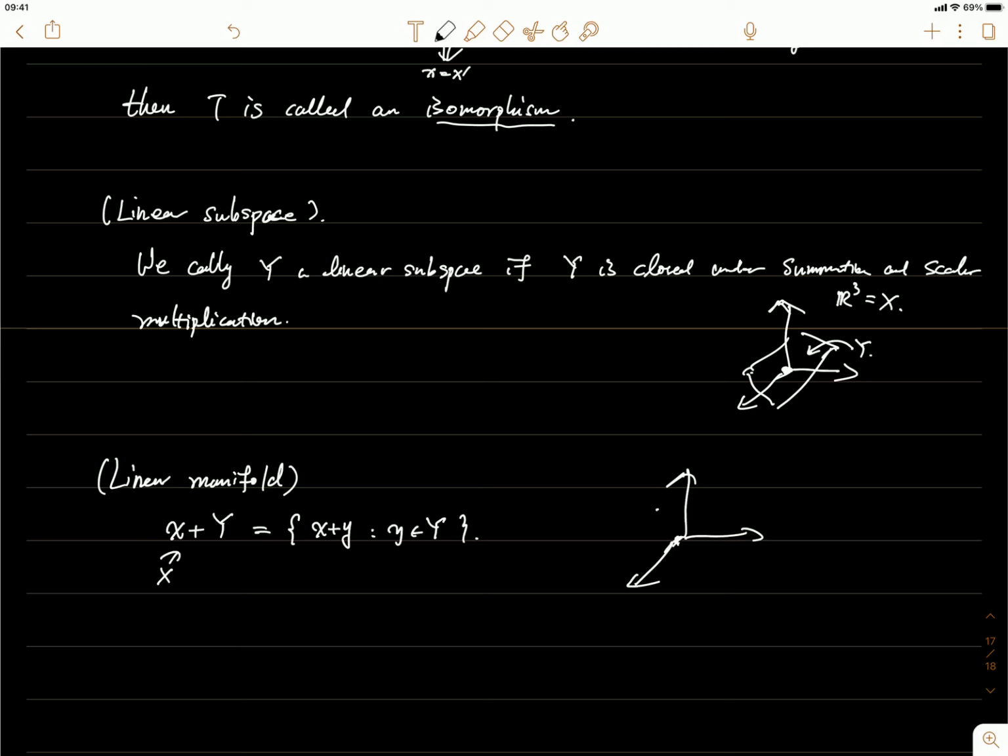Say, for example, x is here, and then we just shift it to the new place. Okay, so it's called a linear manifold.